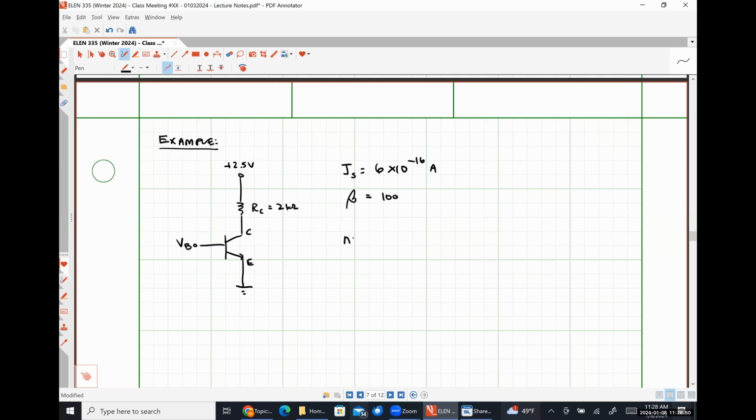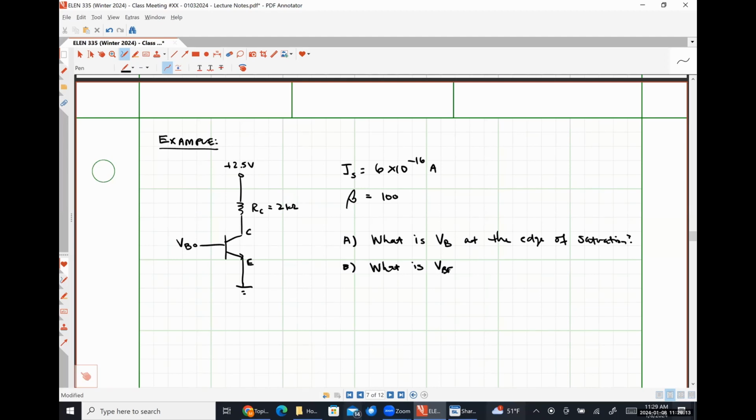And we want to know, A, what is VB at the edge of saturation, and then B, what is VB at soft saturation, where I'm going to specifically say that our base collector junction has to be biased with about 200 millivolts.